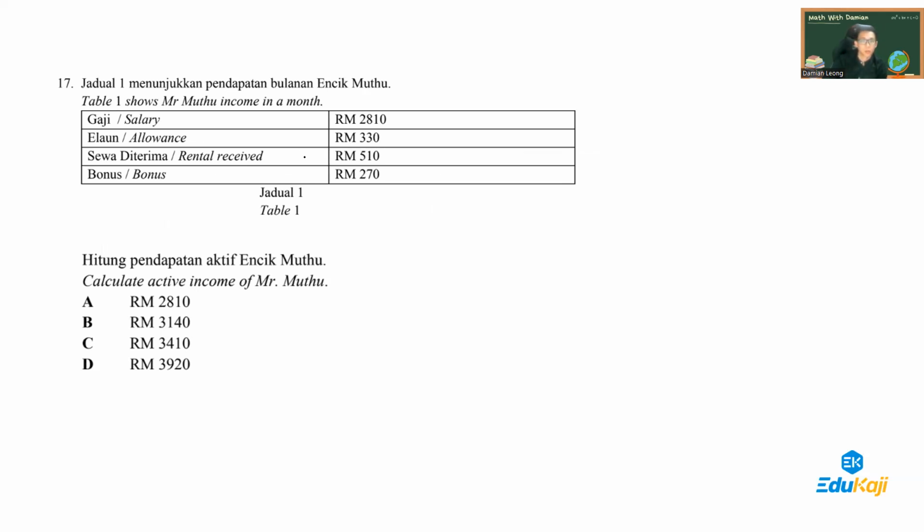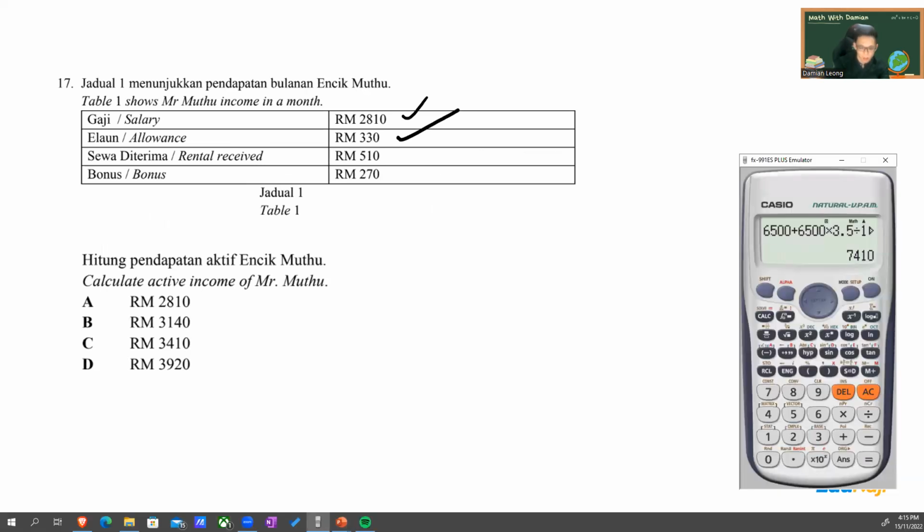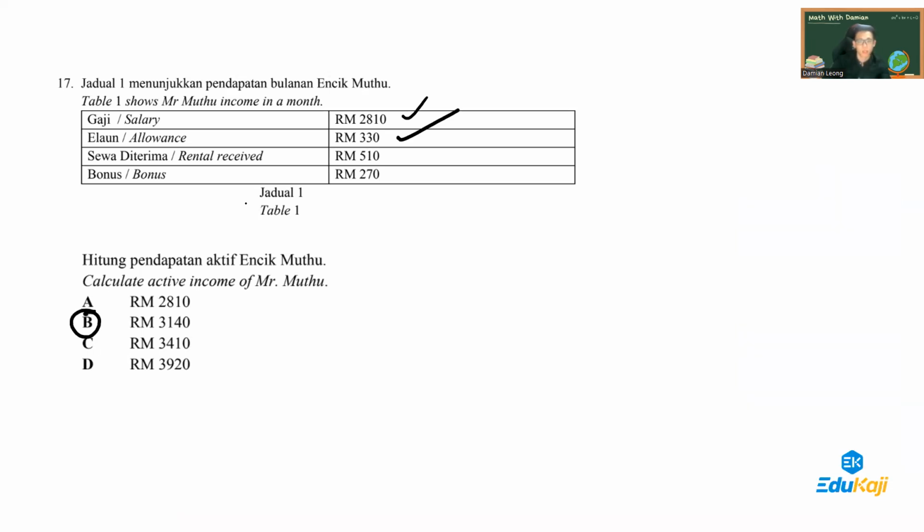So active income would be his salary, his allowance, bonus. No, bonus is not considered active income. So 2,810 plus 330, 3,140. Yeah, answer B.